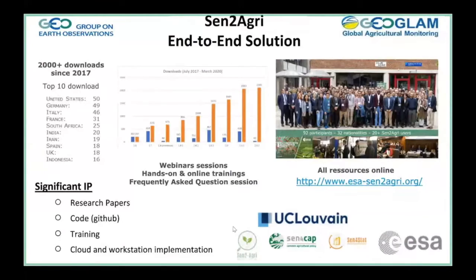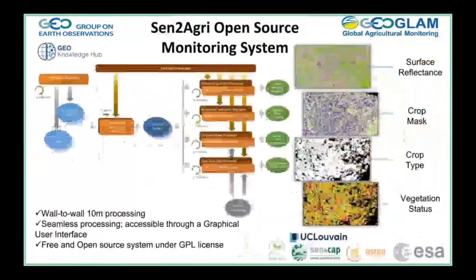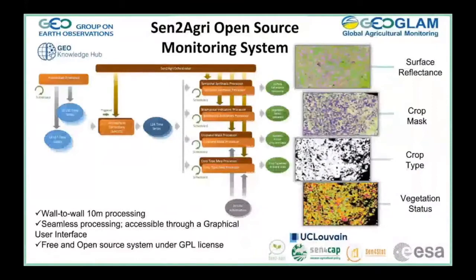The system is quite mature now. It's used in many places. As I showed you in the last slide, there are well over 2,000 downloads globally. The key products it produces right now include surface reflectance, a crop mask, a crop type, and vegetation status, all through the growing season. It's high resolution, 10-meter processing.